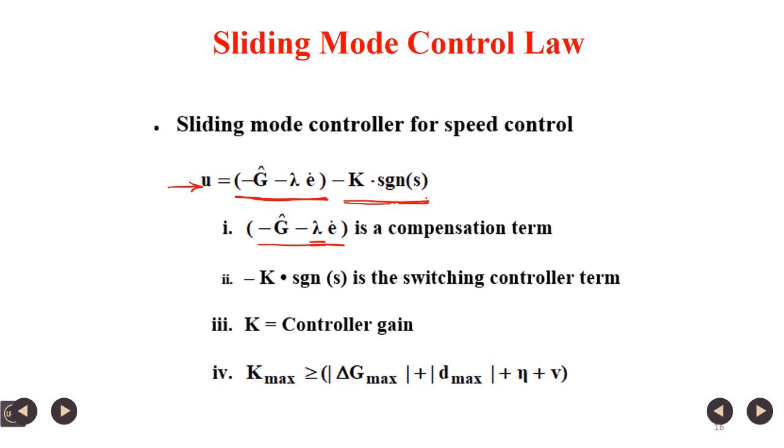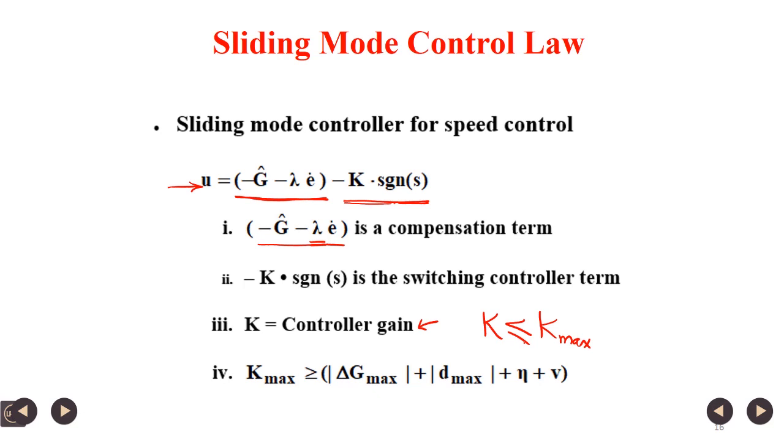K is the controller gain, and it is computed based on the model dynamics. So, k should always be less than a certain maximum value, or at the most can be equal. K is less than or equal to k max. It is the maximum value of the controller gain k, and this is determined using the known model.